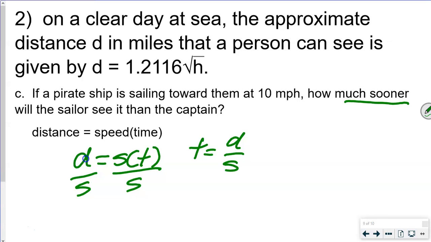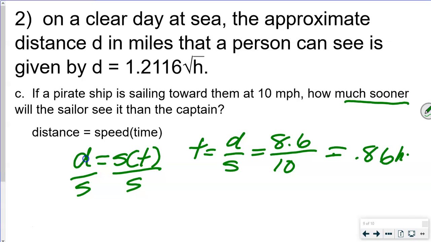So our distance we had in our last problem, so that was going to be 8.6, and then our speed is 10 miles per hour. So when we do that, we're going to get 0.86 hours, right? Well, I don't know about y'all, but I don't have a clue how much time that is. So I need to figure out how many minutes away that ship is, right?